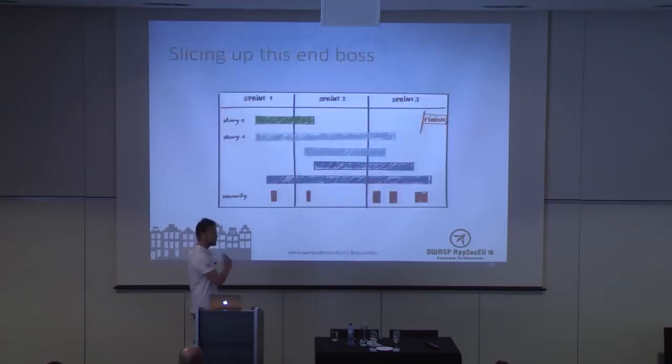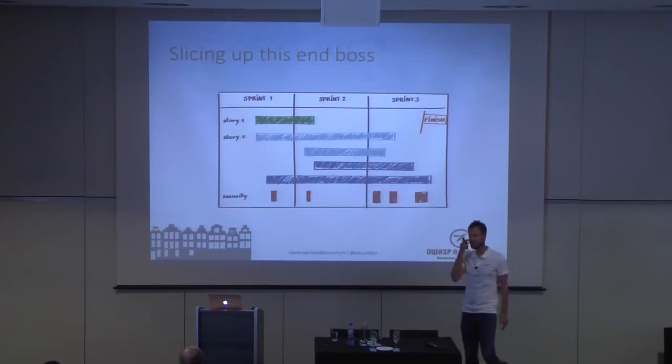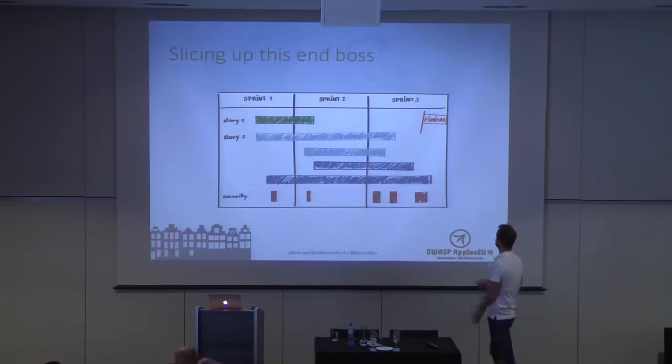So basically what we did is slicing up the end test into little pieces. So we were doing a bit of agile security reviewing here already. It wasn't perfect because this is horrible to plan, but it looks way better than the blocking end test, right?